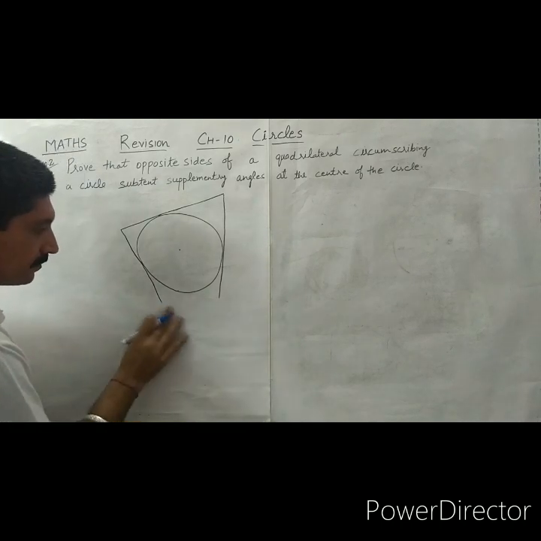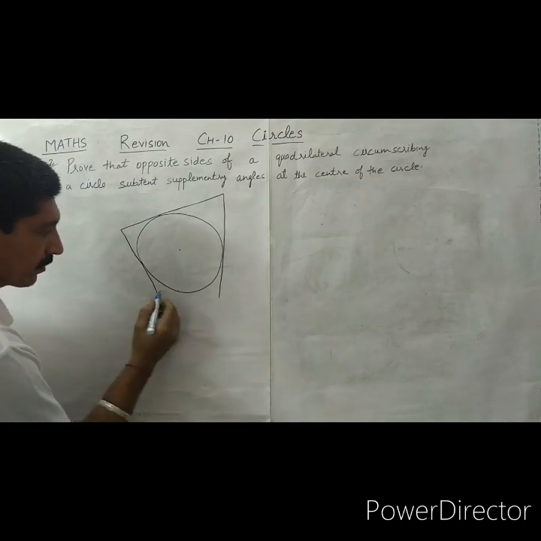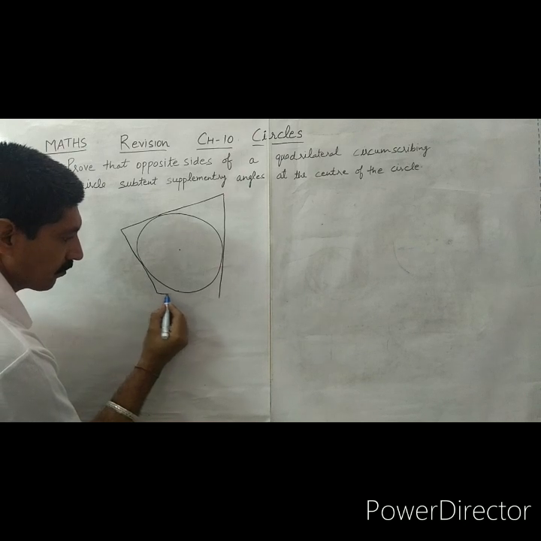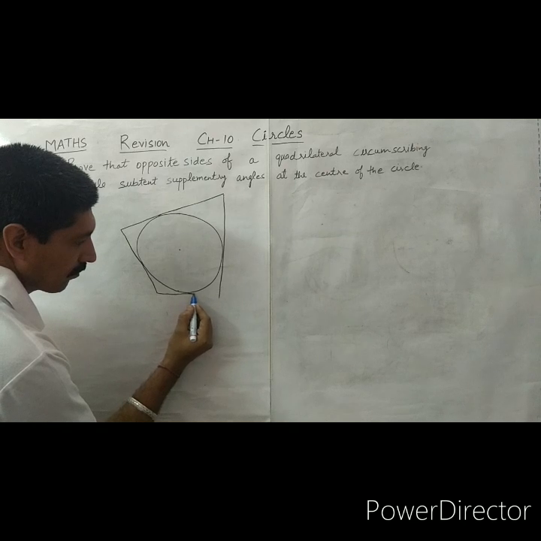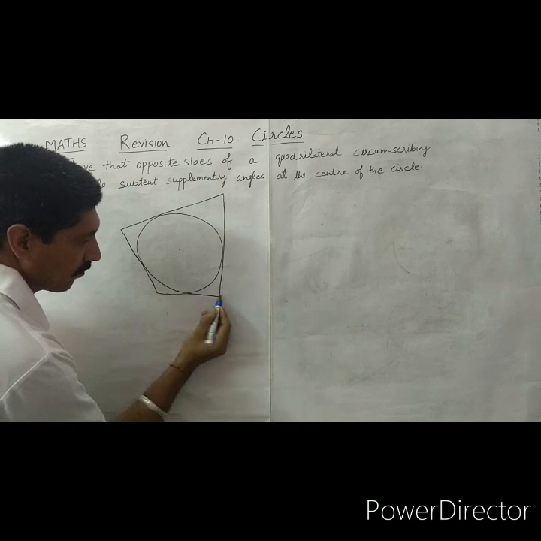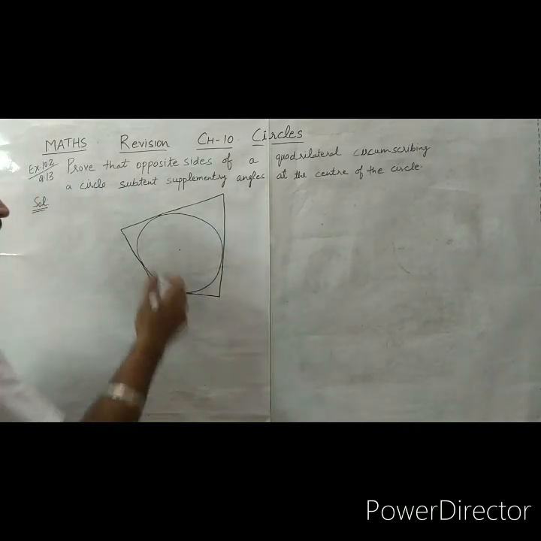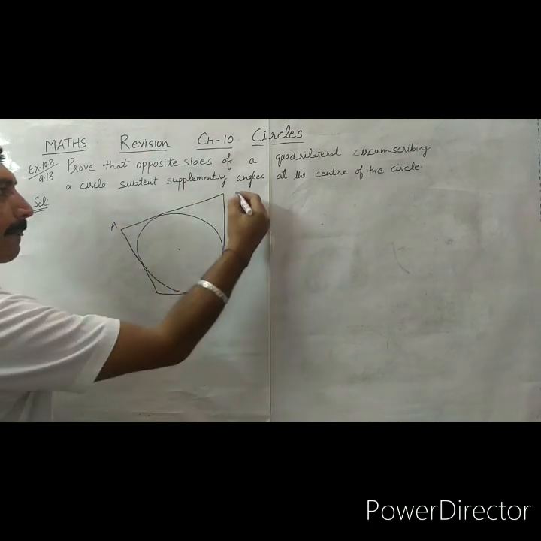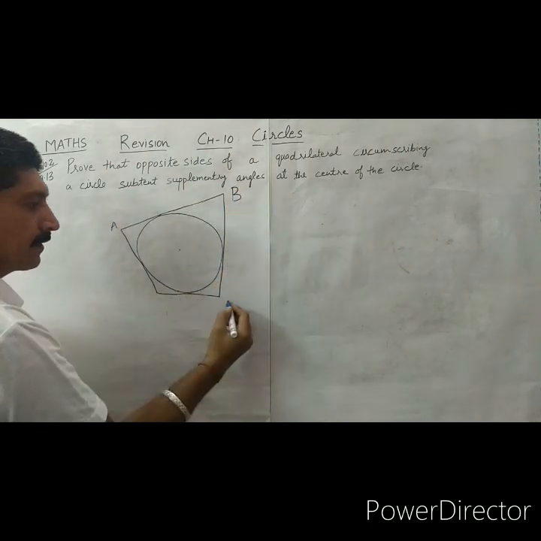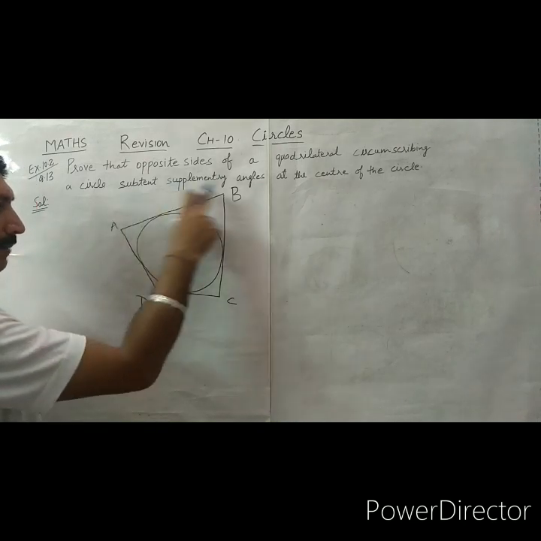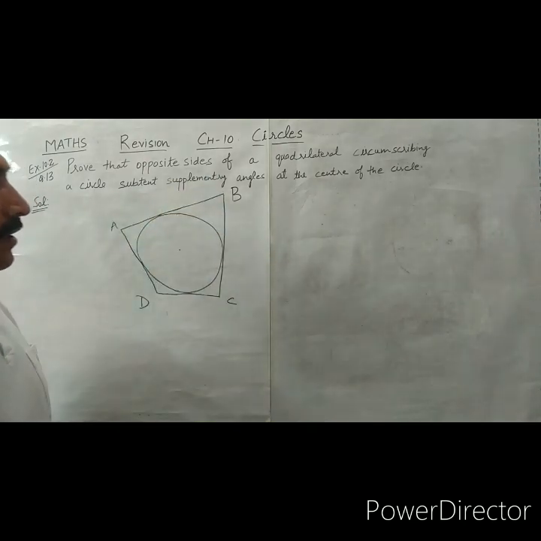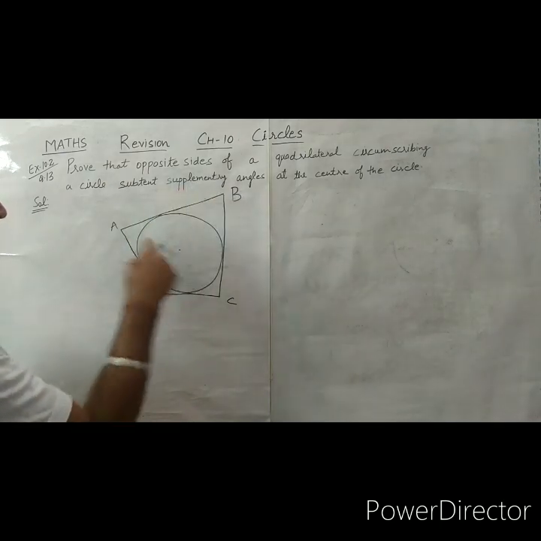Similarly, here this is a quadrilateral, let A, B, C and D. So A, B, C, D is a quadrilateral which is circumscribing.